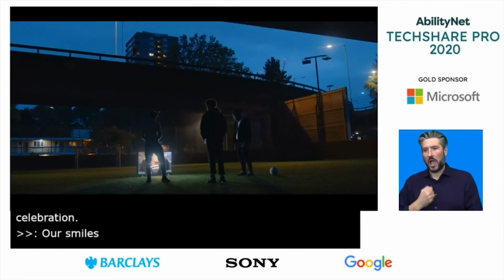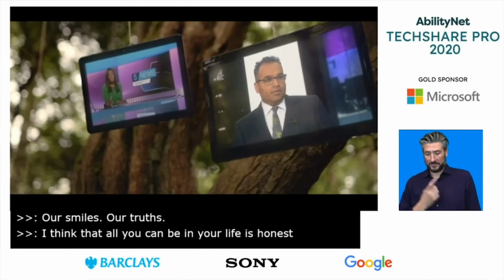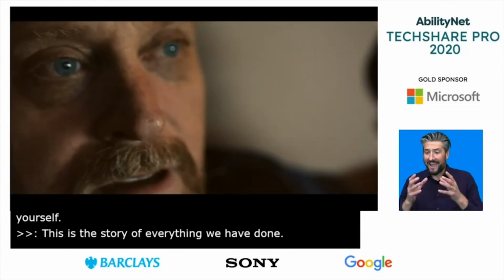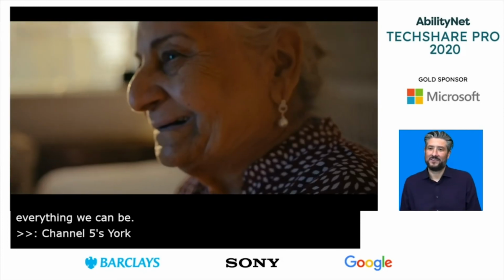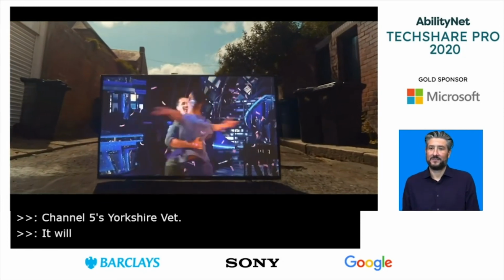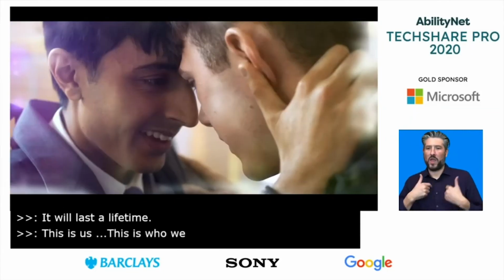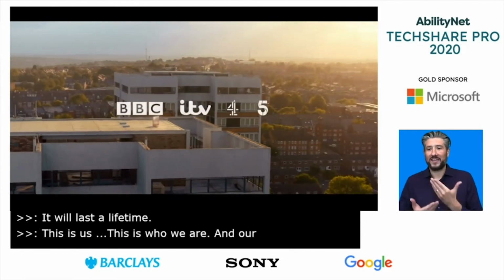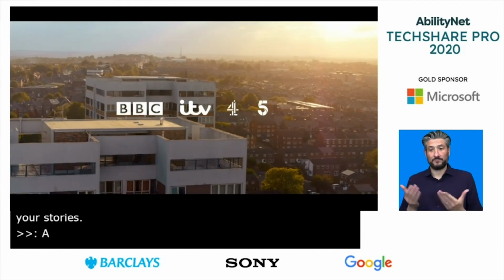I think all you can be in your life is honest with yourself. This is the story of everything we've done. And everything we could be. Channel 5's Yorkshire Vet. Forming that bond that will last a lifetime. This is us. This is who we are. And our stories are your stories. A sun-strewn cityscape. BBC, ITV, Channel 4, Channel 5.